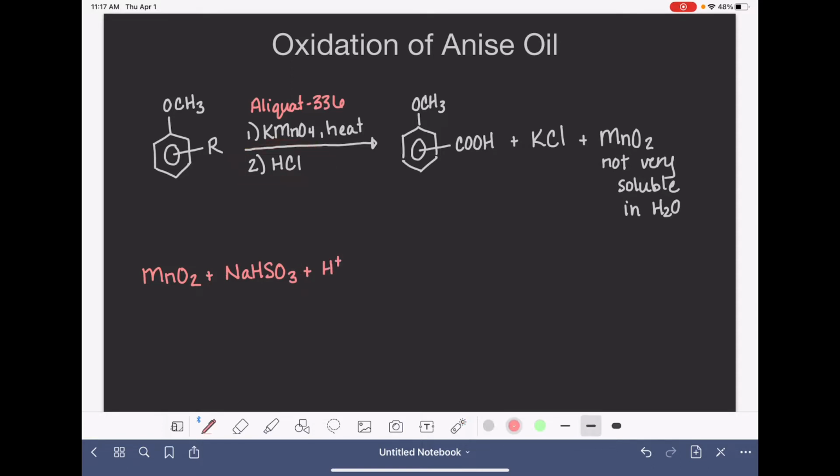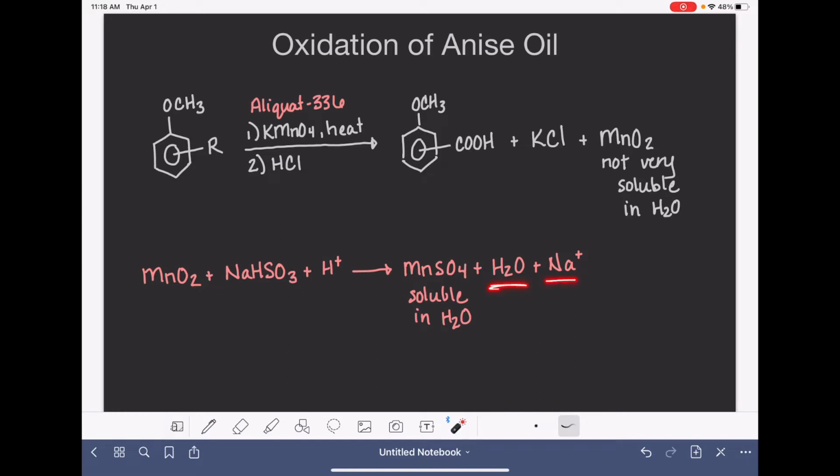Sodium bisulfite will react with the manganese dioxide to produce manganese sulfate, MnSO4, and water, and a little bit of unreacted sodium ions. So again, there's not a typo here. We're starting with HSO3 and we're ending with SO4. This is soluble in water, so it's very easy to rinse away.